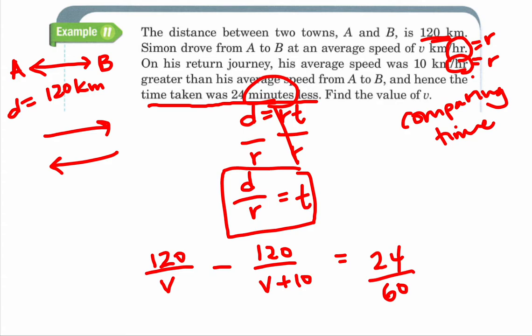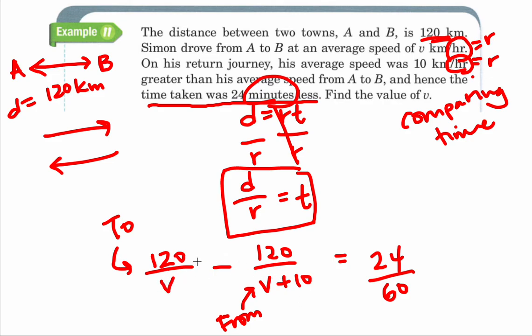We took the journey to B by taking the distance divided by its rate, subtracted the time from B back to A by taking the same distance divided by our speed plus 10, because it is faster now by 10 kilometers per hour.